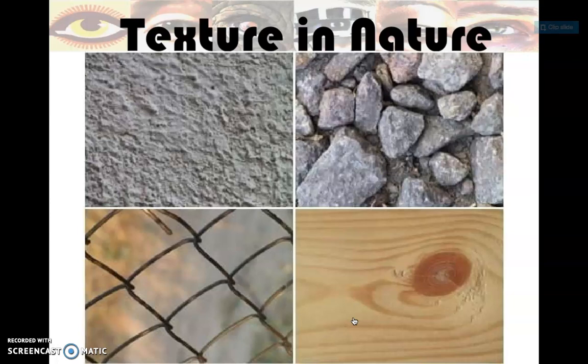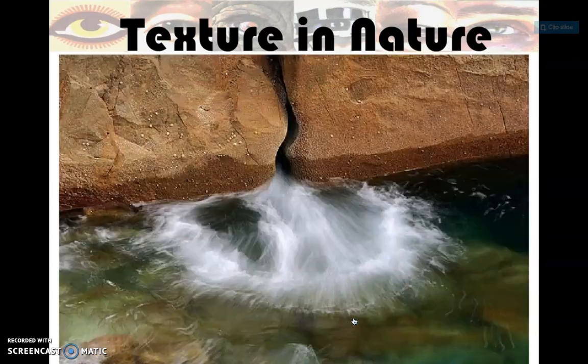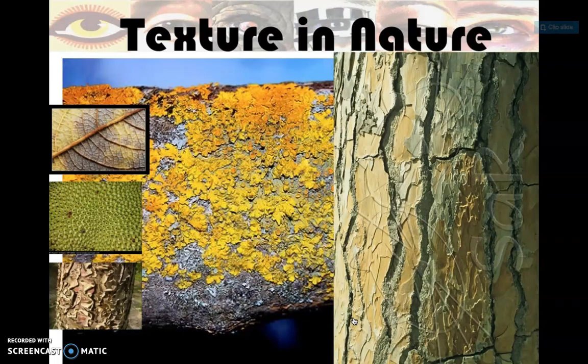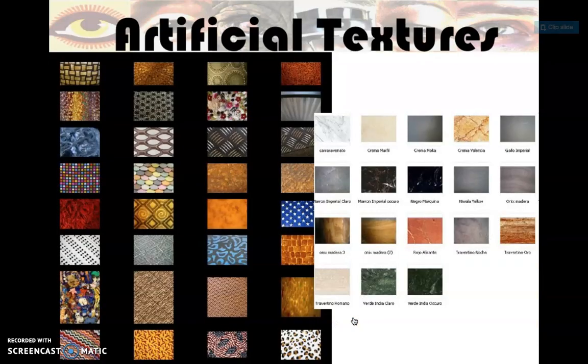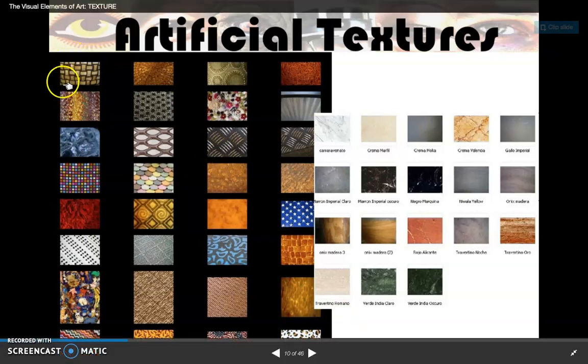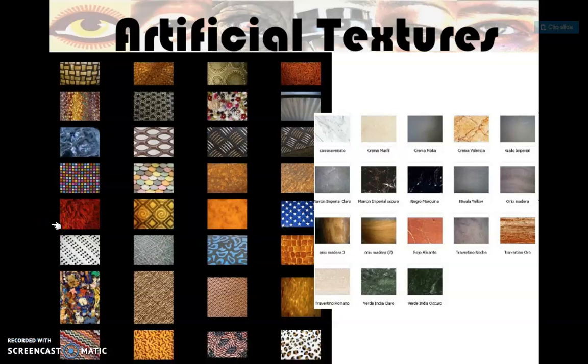So there's textures in nature, like I said, wood, rocks. These are actual ones that you could touch, unless it was a picture, but leaves, tree bark. Here you could say spiky or pebbly or rough. Here, spiky or prickly, furry, right? And then the artificial ones that usually are with patterns, like you see the woven here, right?